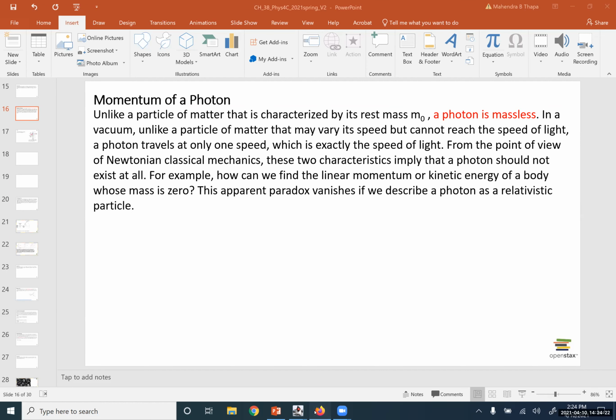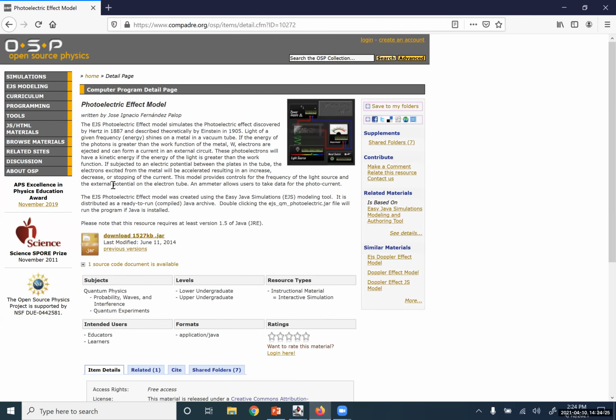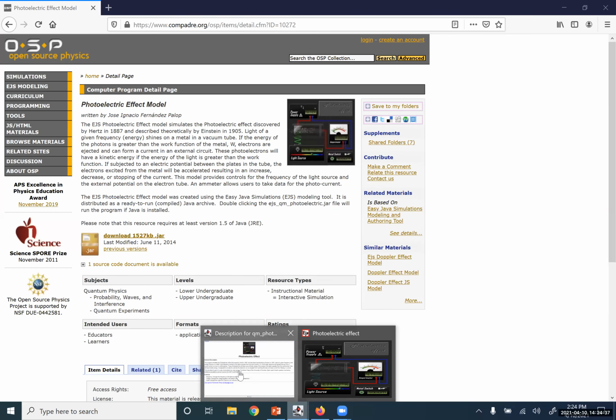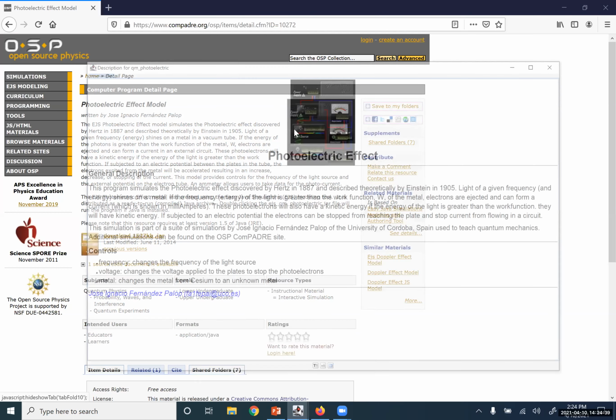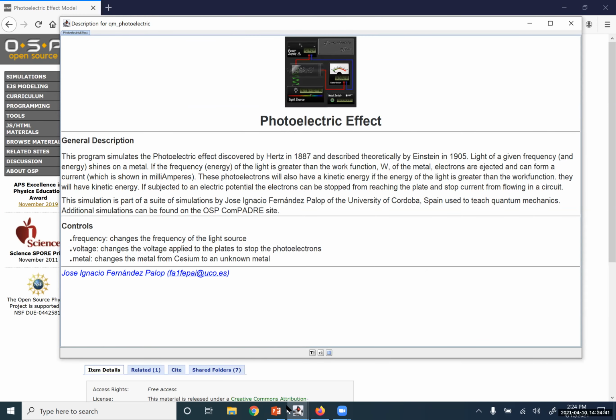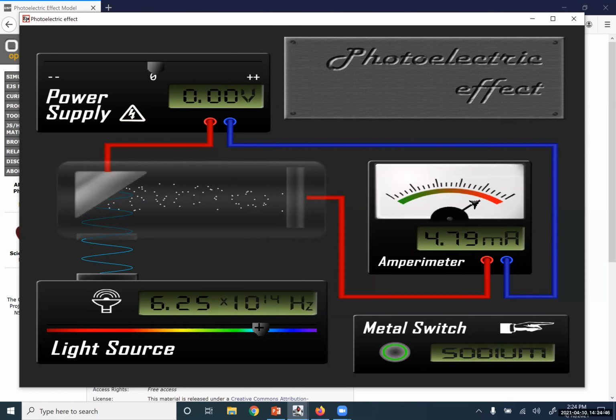So we can start with this simulation. You can download this file and you can play with this photoelectric effect simulation. You'll get complete information about the photoelectric effect in this simulation. You can change the frequency of the incident light, and you can also change the applied source voltage over here.